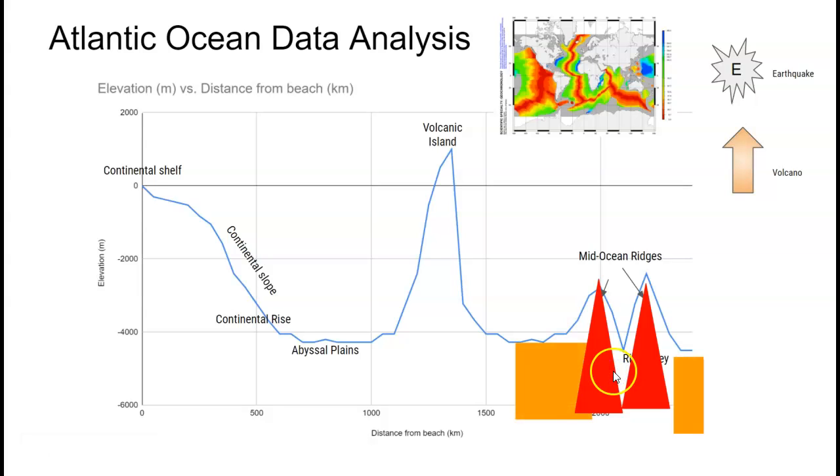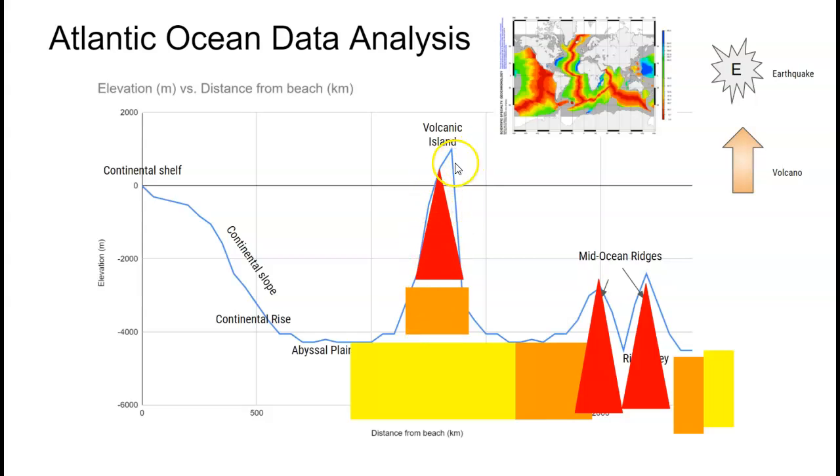Next to that, we have slightly older rock, and so that is colored orange. Then we have yellow. But this volcanic island, this is actually getting to be younger rock, right? Over time, that volcano is creating new land, which is higher up. So I'm actually going to color orange, and then it turns into red at the top because that's the newest.